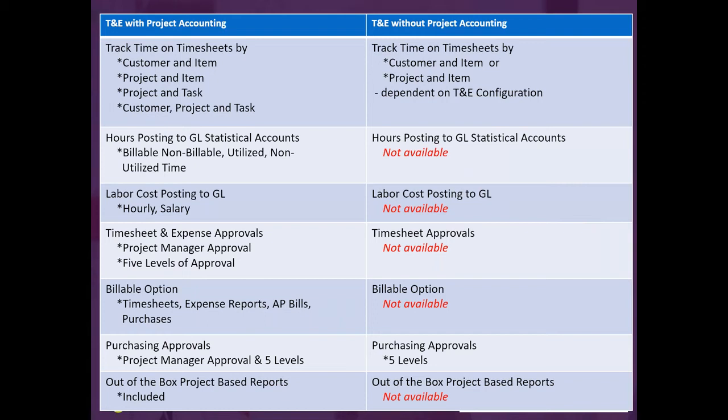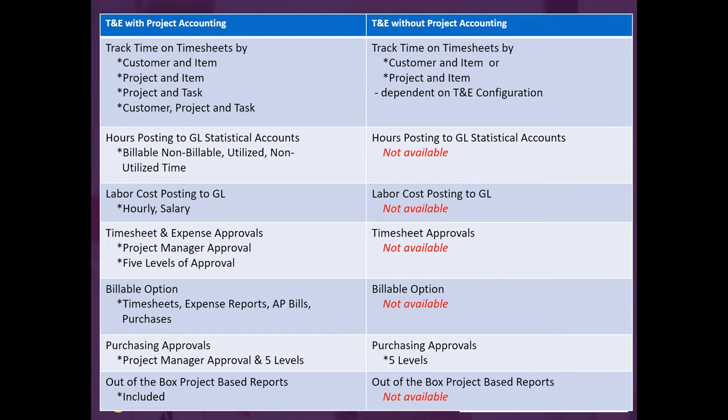So, a comparison of the project module using full project accounting versus the one on the right, which is T&E without project accounting, also known as project dimension, just the dimension. You can see on the left-hand side, it's a full project reporting system.